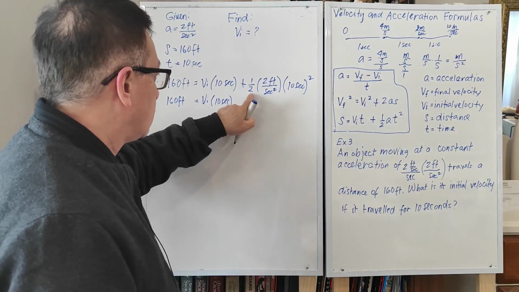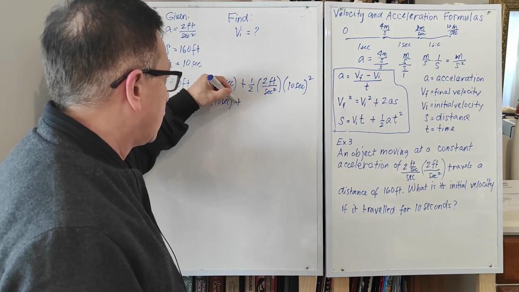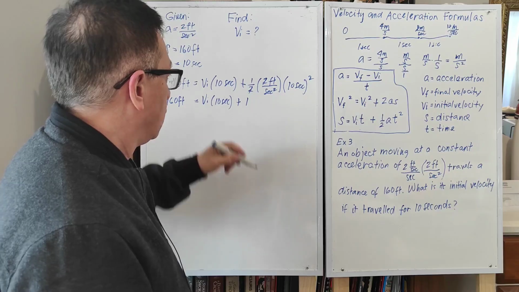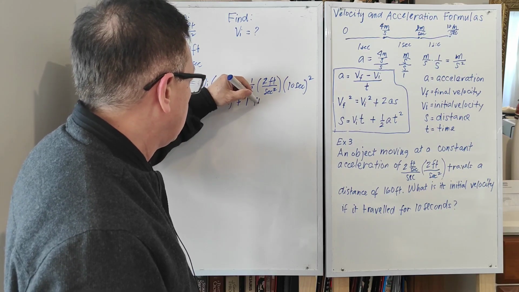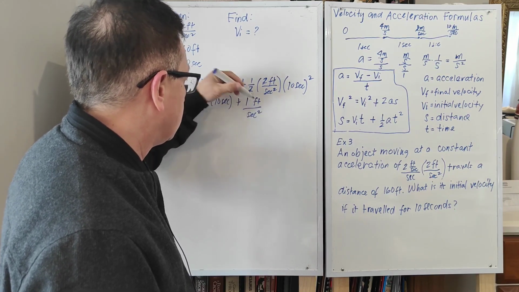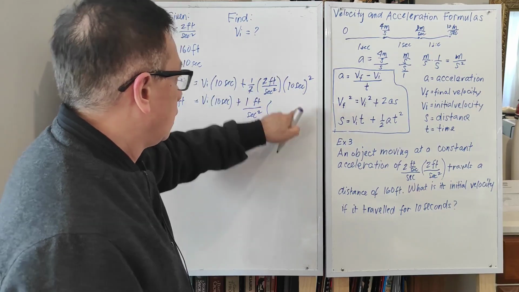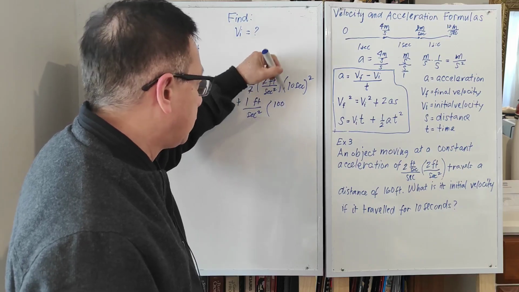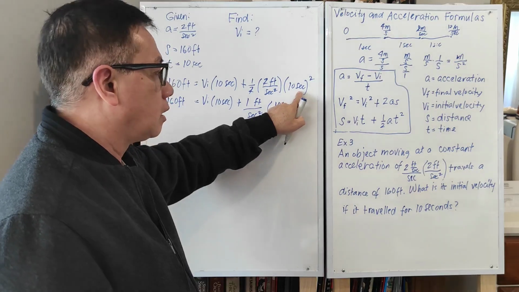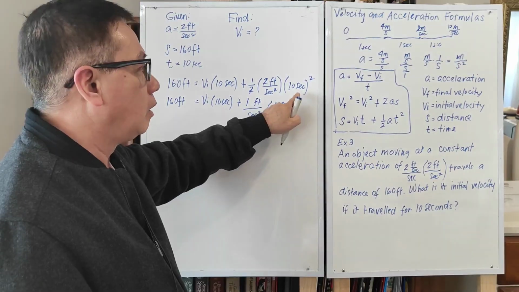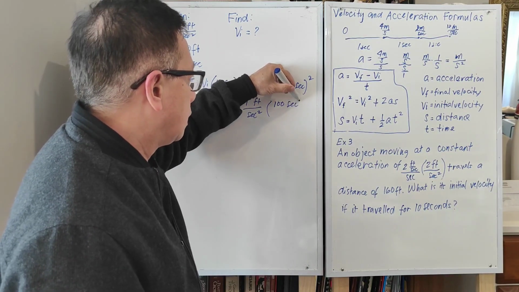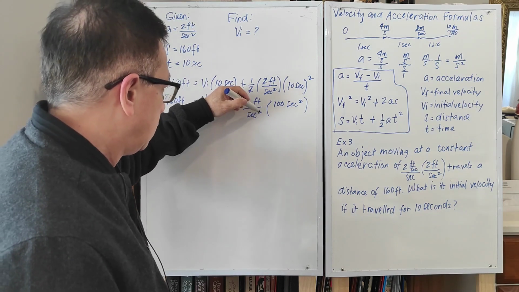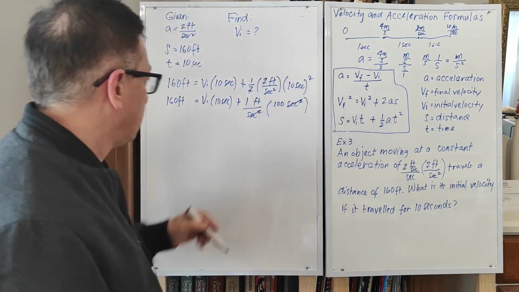Now this 2 and 2 we can cancel out. We will have 1 here, so 1 foot per second squared times, if we square this, 10 becomes 100 seconds. We also need to square the unit, so this becomes second squared. Now second squared and second squared will cancel out.